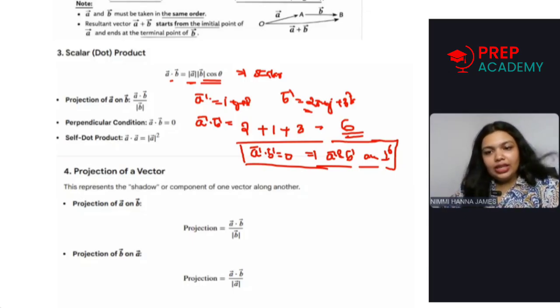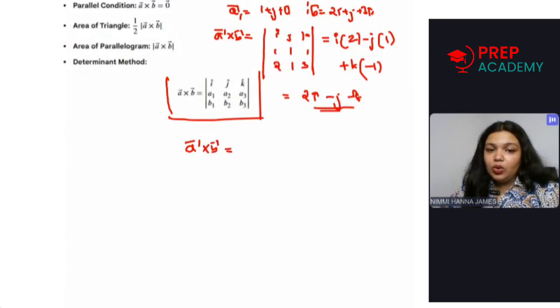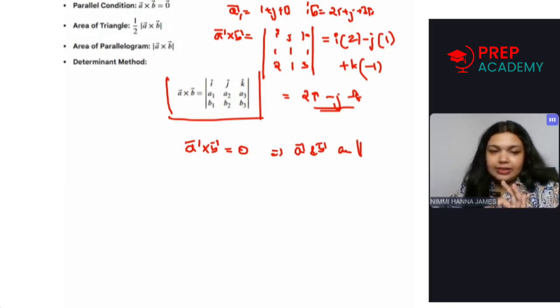If it is 0, then they are perpendicular. Okay, and for the case of cross product, if a dot b is 0, it means they are perpendicular. If A cross B is 0, we mean that A and B are parallel. Okay, they are two parallel lines. Okay, clear?